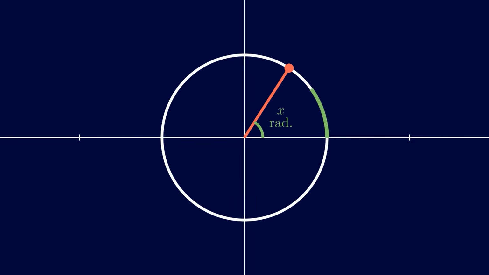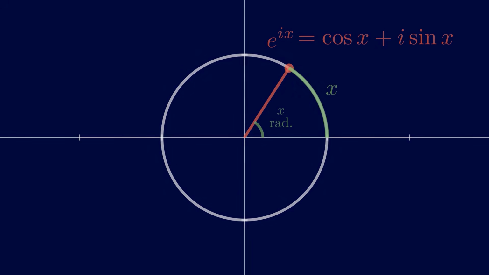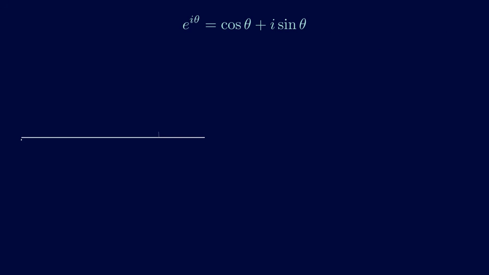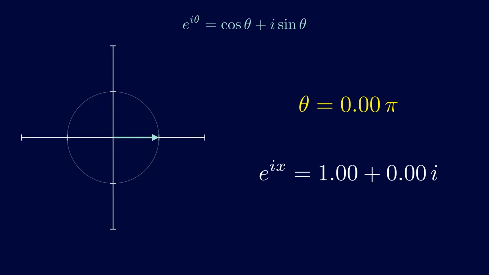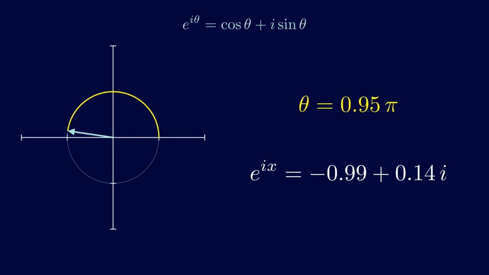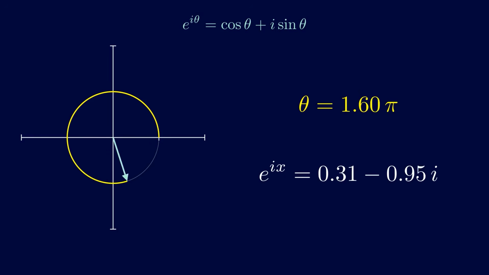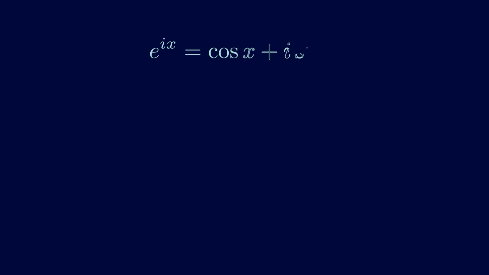But the point on the unit circle at angle x is also exactly the point represented by cosine x plus i sin x. Therefore, e to the ix and cosine x plus i sin x must be an equal function, both tracing this circle. Everything we discussed has been culminating to this. e to the ix and cosine x plus i sin x are equivalent circle tracers.